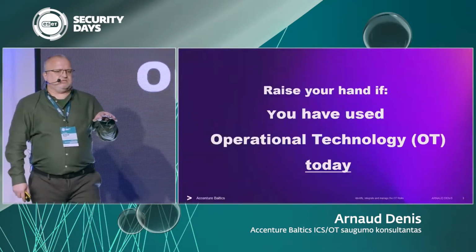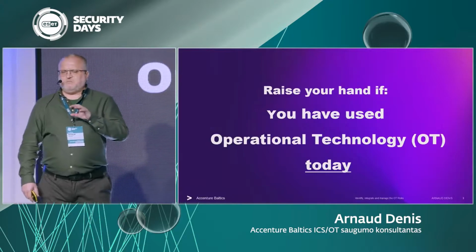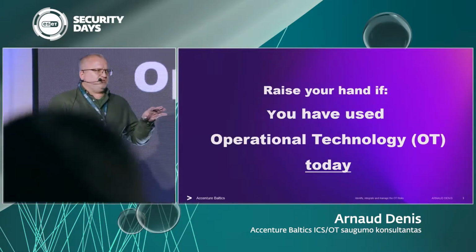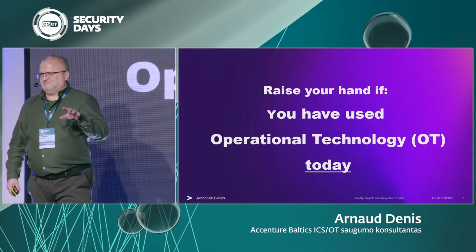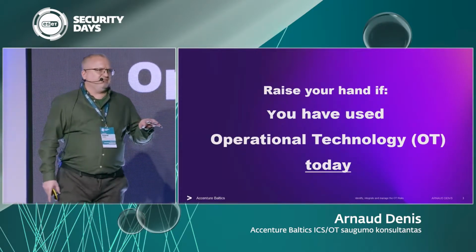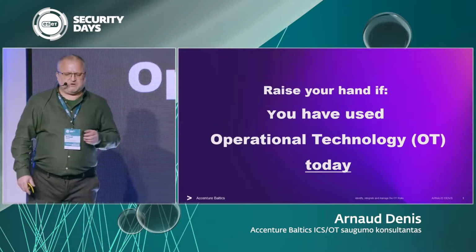My first question is, by a show of hands, how many of you have used operational technology today? Anybody? I've seen a hand raising and coming down. All right, so we're going to talk about what it is.